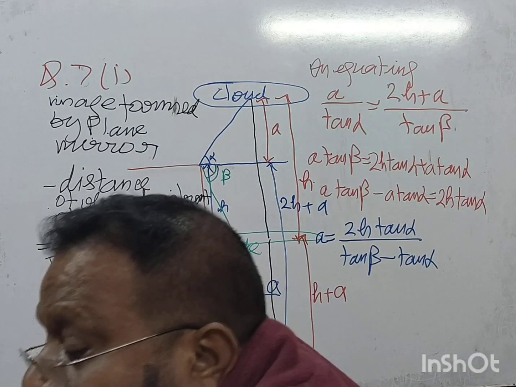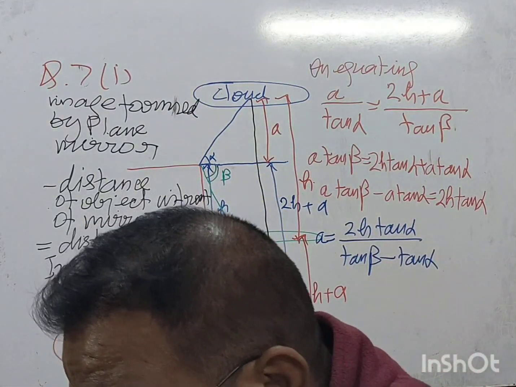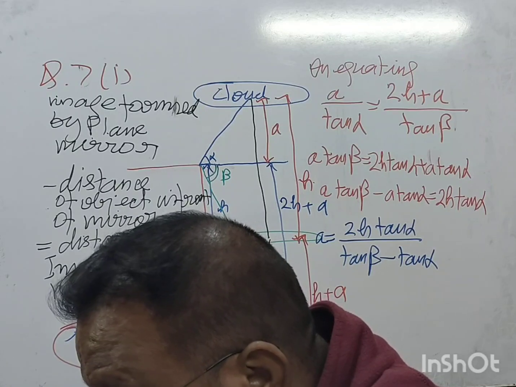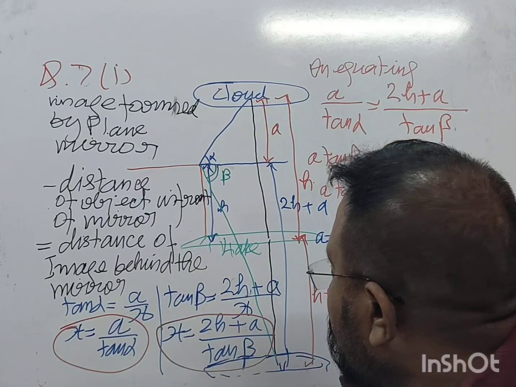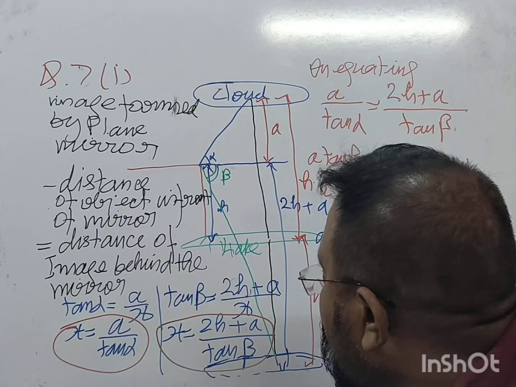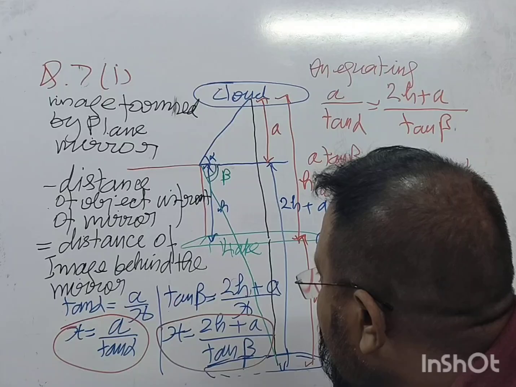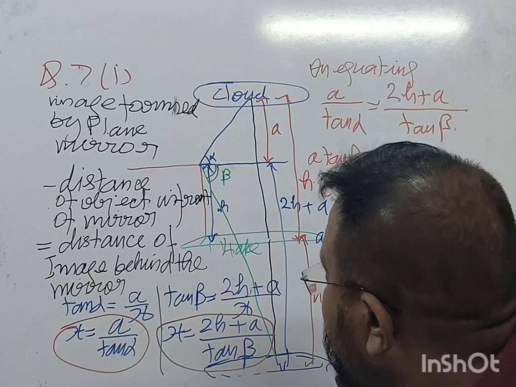What do you have to find, by the way? Prove that the distance of cloud from the point of observation. Not from the book. Okay, I do understand.